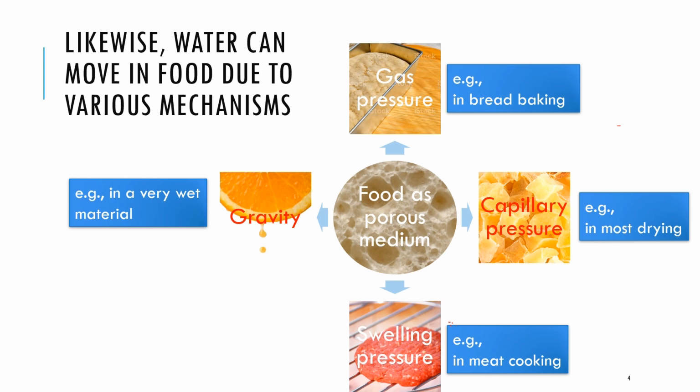It is hard to think of one particular food product or process where we have all of these, but we have one or more of these in most processes, and when we try to analyze the food process, we'll just pick the ones that are most important.